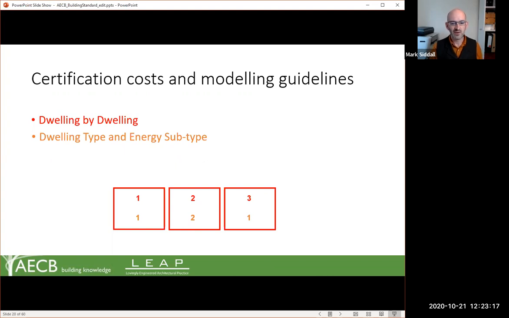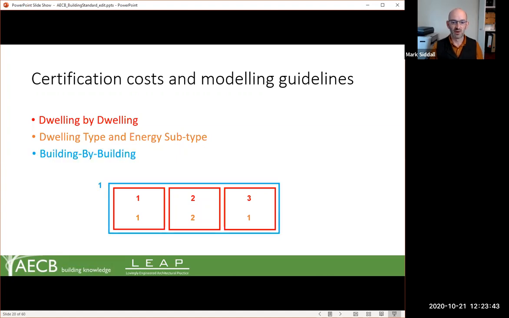And so now you've reduced the number of models that you have to build, which can obviously reduce the cost of certification, both in terms of the certification fees that are payable to the AECB, but also in terms of the amount of time that is undertaken developing the models for certification as well, and pulling together all of the information. So this is a lower cost approach.